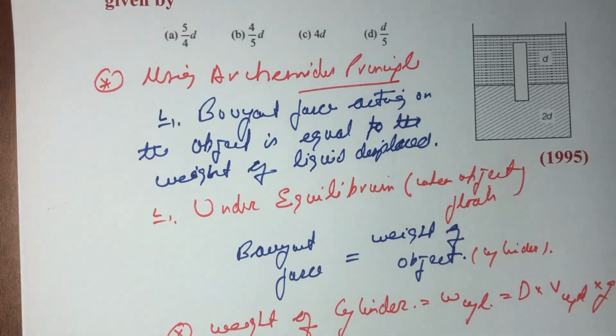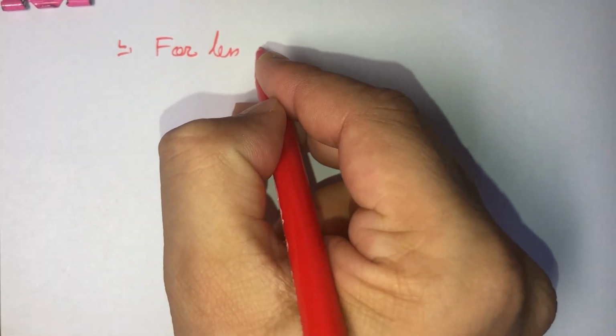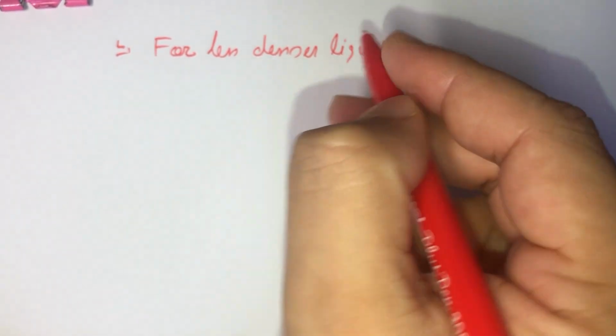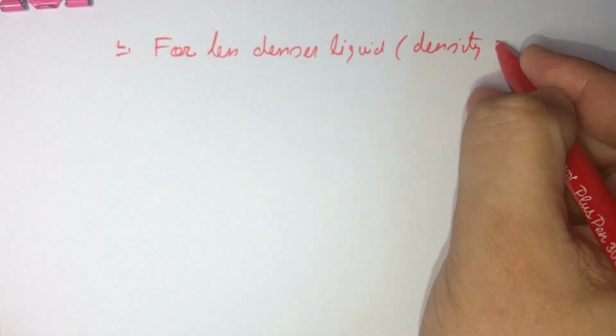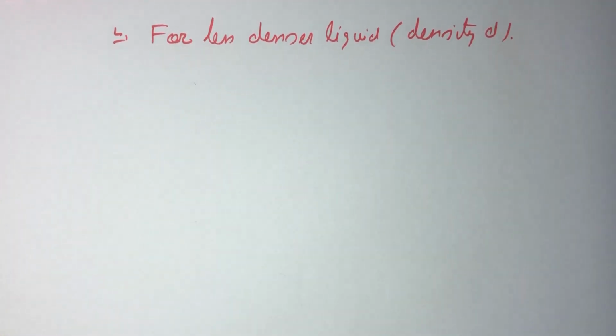So let's find out how this submerged part will result in a different buoyant force. For the less dense liquid, its density is given as d. So we can find the volume of the cylinder submerged.